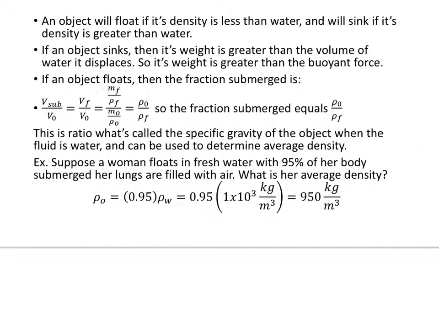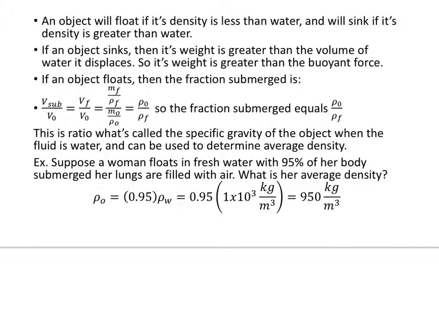Now, if the object floats, then the fraction of the object submerged is given by this expression right here. So this is the volume of the object that is submerged divided by the total volume of the object. Now, the volume that is submerged has to be the same as the volume of the fluid, because it's going to displace that same volume of fluid, divided by the volume of the object.